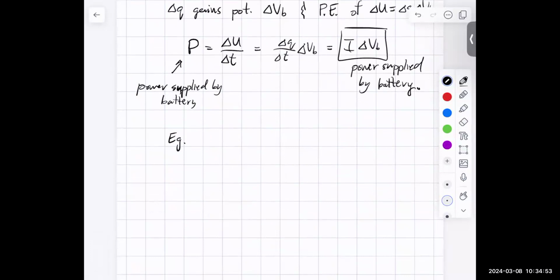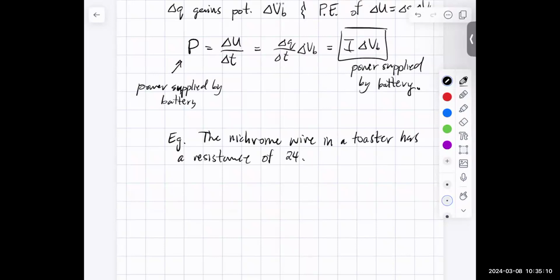Okay, so example, the nichrome wire in a toaster has a resistance of, let's say, 24 ohms.